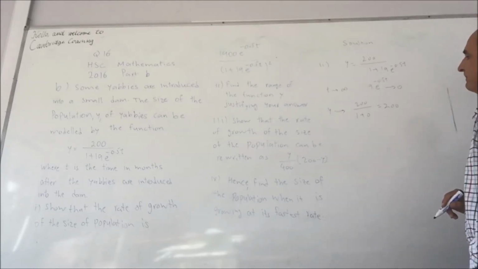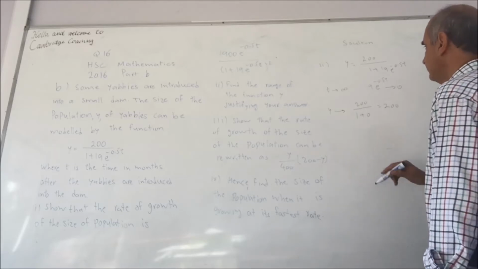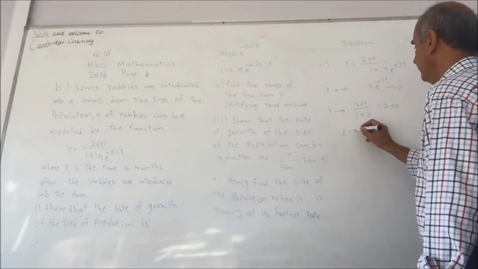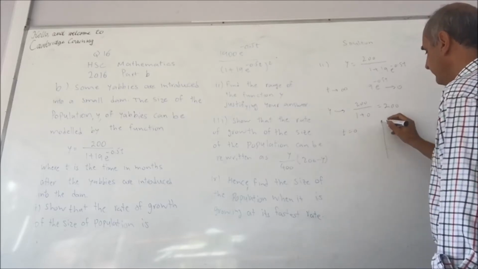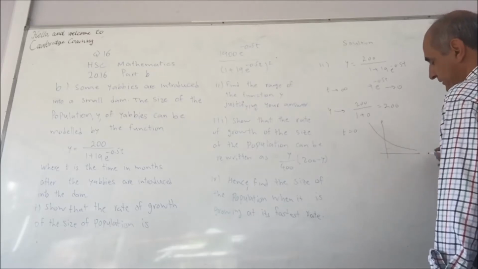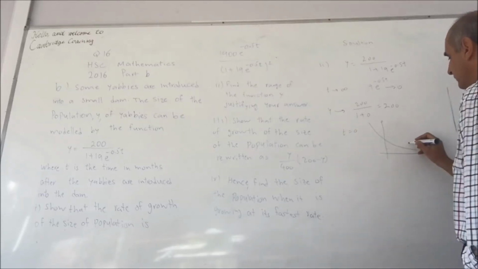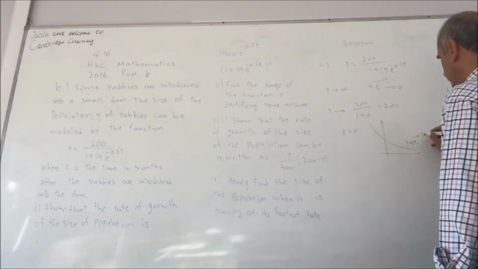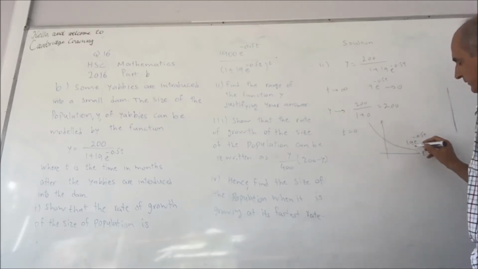And initially, when time is 0, because this function with a negative power is decreasing with time, if I draw 19 e to the minus half t, it will be something like that.